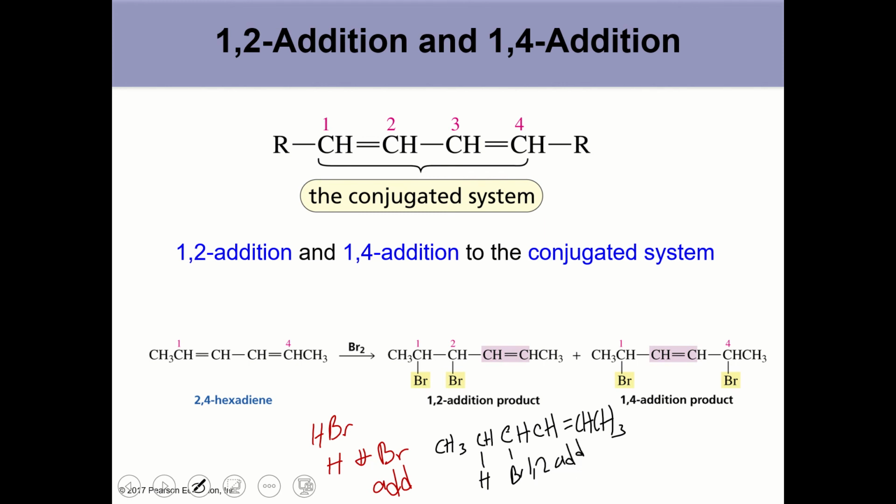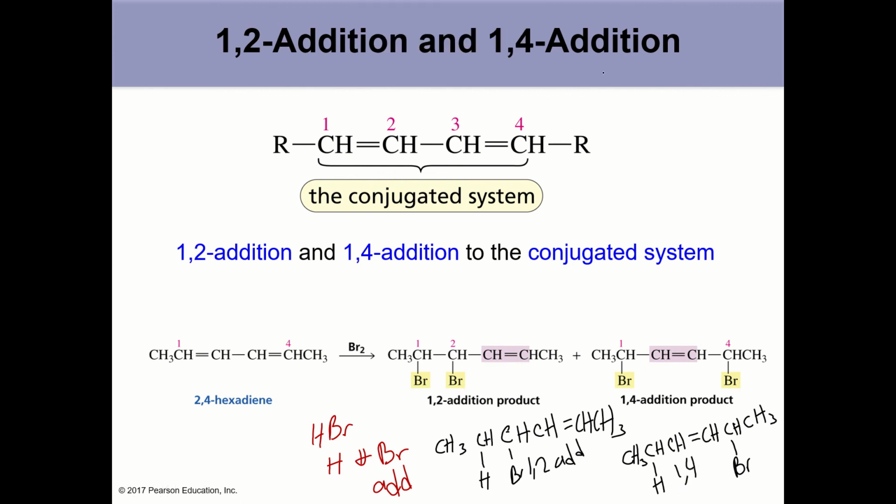And for the 1,4 addition, I'm going to put a hydrogen on carbon 1 of the pi network and a bromine on carbon 4 of the pi network. And that is the 1,4 addition product.